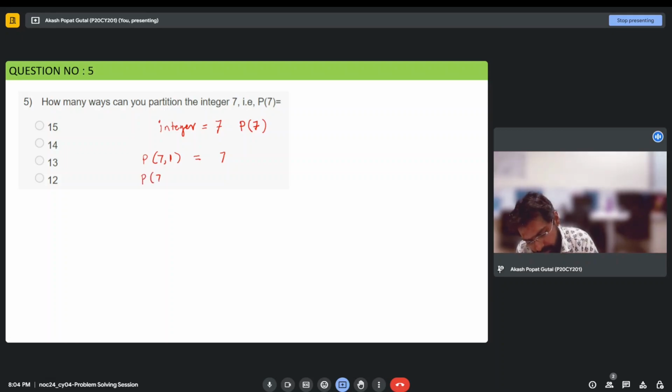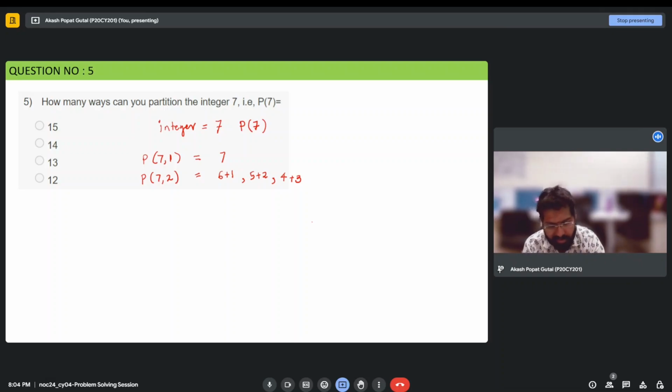Let's say P(7,2), which turns out to be, let's partition it, 6 plus 1, 5 plus 2, 4 plus 3.